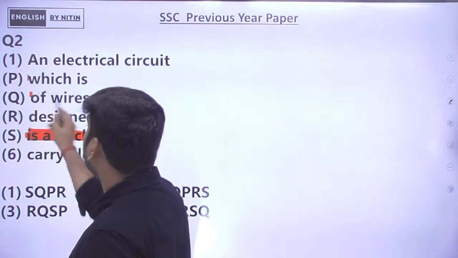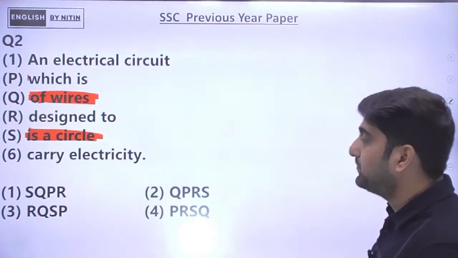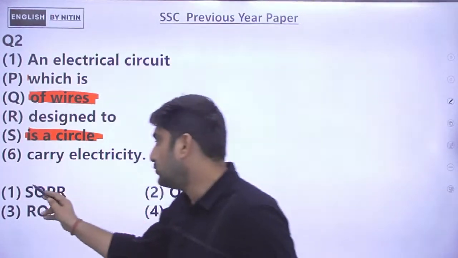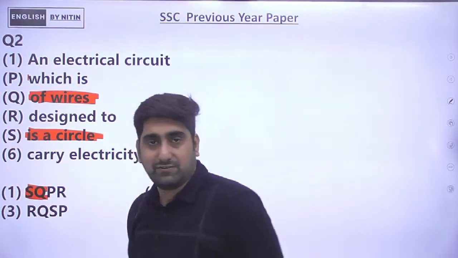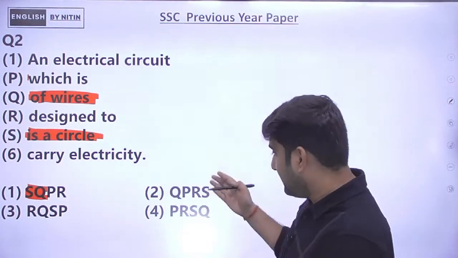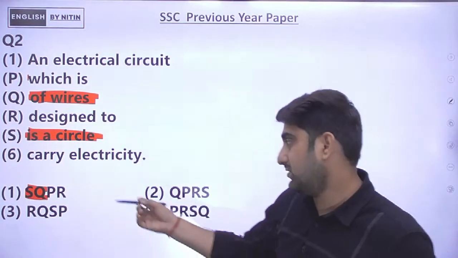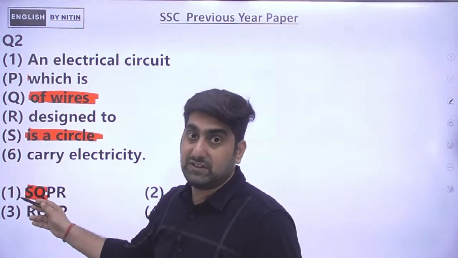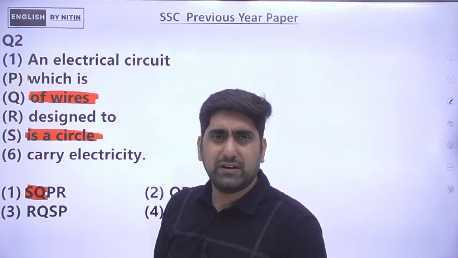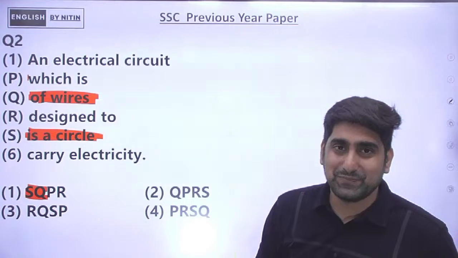Circle of wires. So first we need S, then we need Q. So SQ is given in only one option, which is option number 1, hence it will be the answer. And all the remaining options are wrong, because we needed S in the beginning, after S we needed Q. SQ is the mandatory pair, hence SQPR has become the answer.